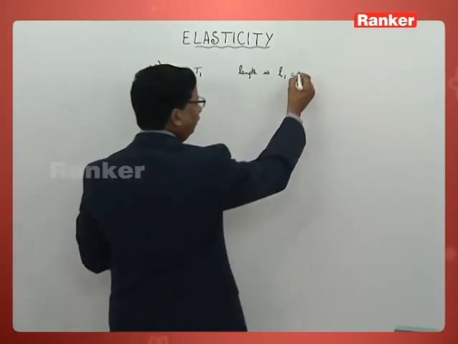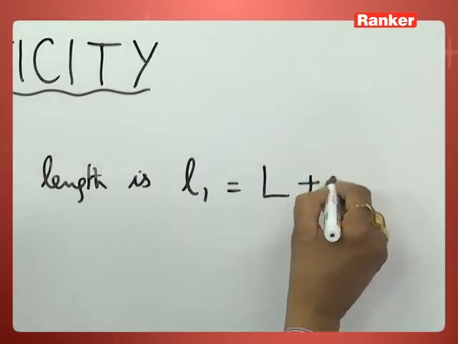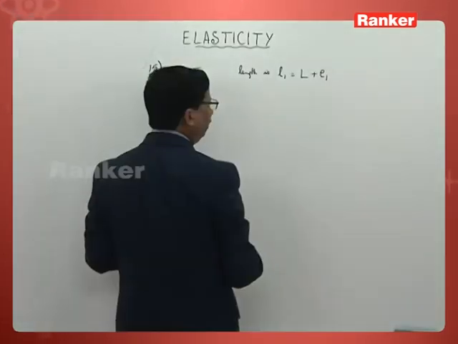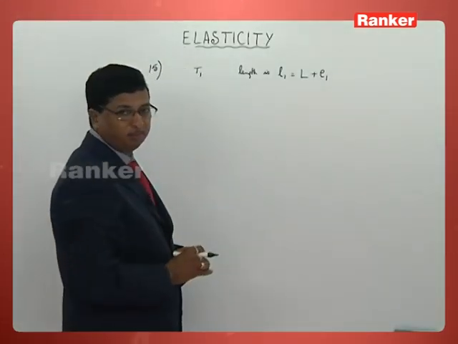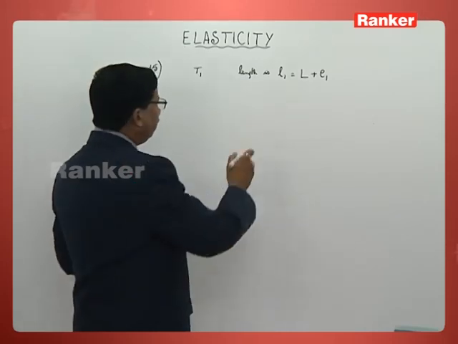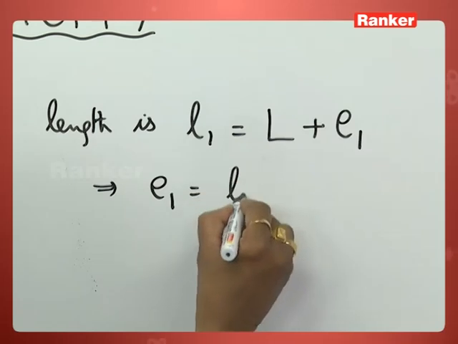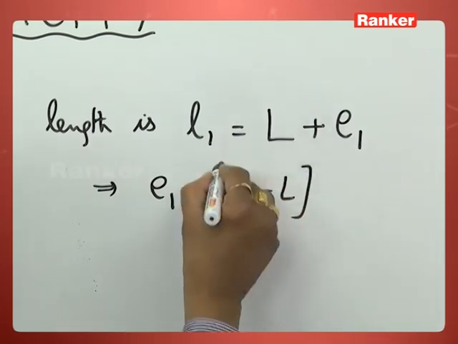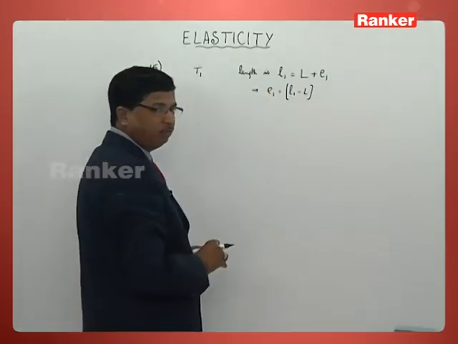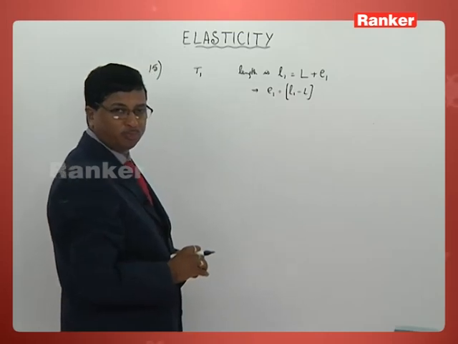So I can write the original length as L, plus elongation 1, and that is the value of L1 given. So elongation in the first case is equal to L1 minus capital L. That is the first equation you need to know.